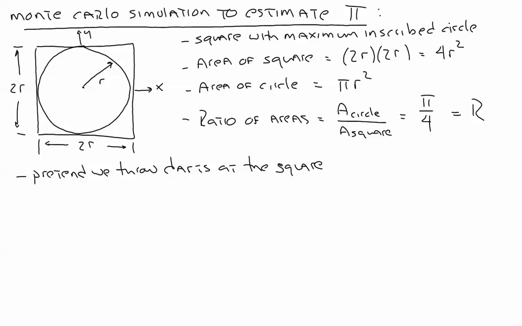We're going to assume that all of the darts hit somewhere in the square, and that they are uniformly distributed in x and y.